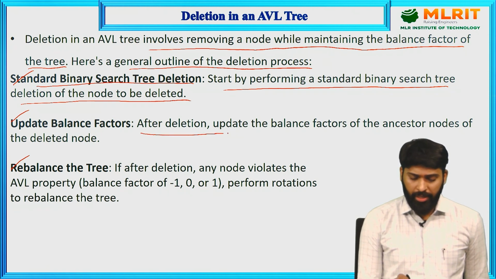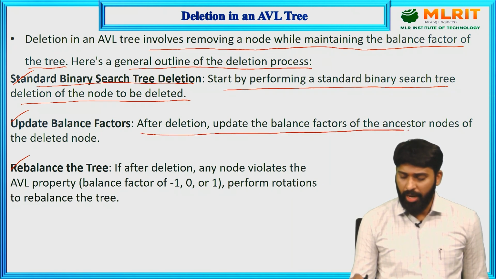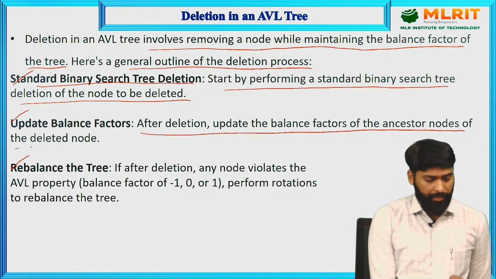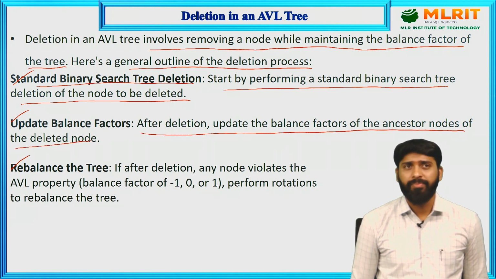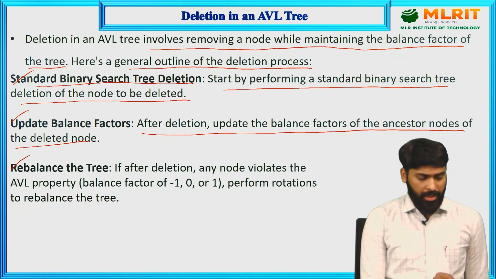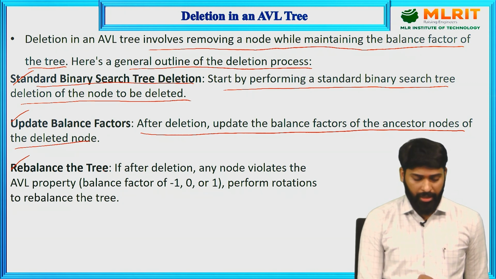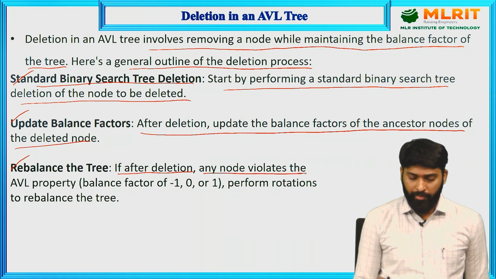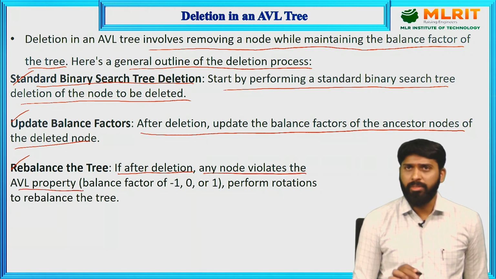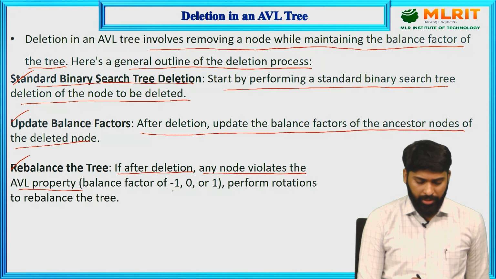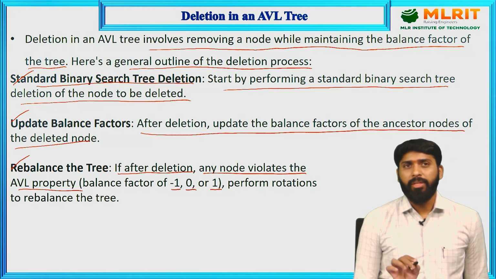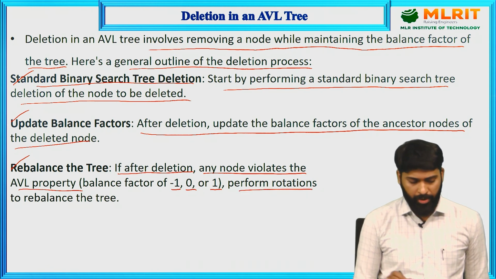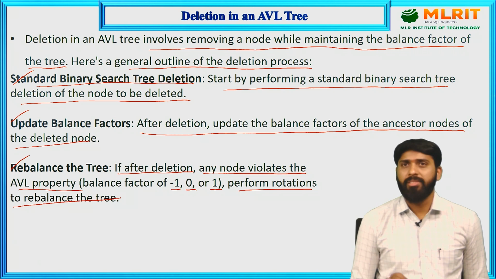After deletion, update the balance factors of the ancestor nodes of the deleted node. The next step is to rebalance the tree. If after deletion any node violates the AVL property, what is the AVL property? The balancing factor is minus 1, 0, or 1. If the deletion violates this AVL property, then perform rotations to rebalance the tree.